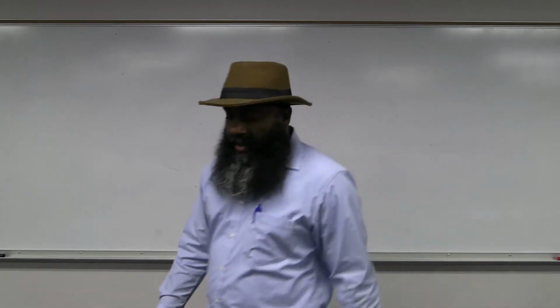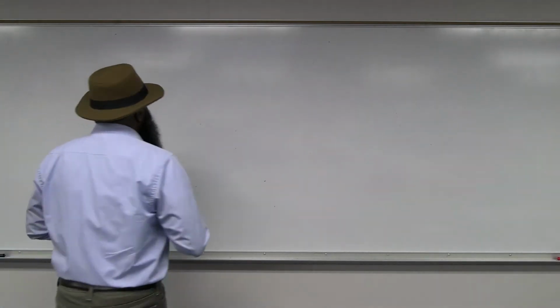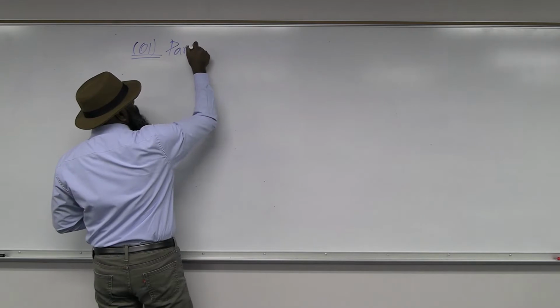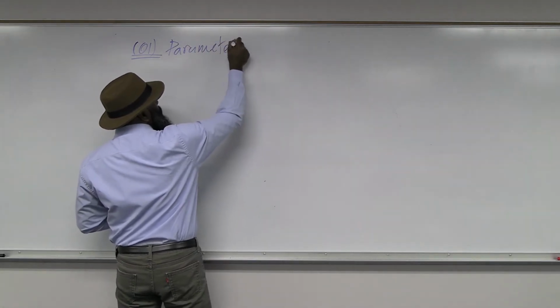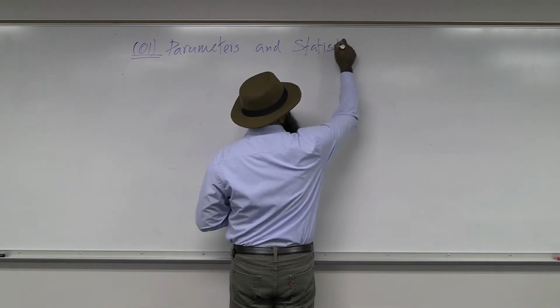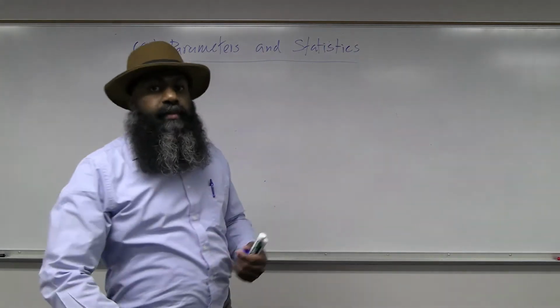All right, now if you look at point number 1, I have written down parameters and statistics as the point number 1. All right, so what are the parameters? We already talked about the parameters.